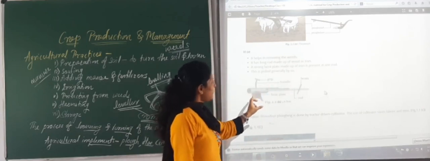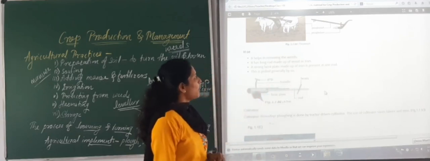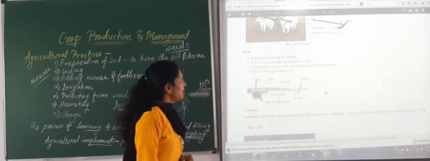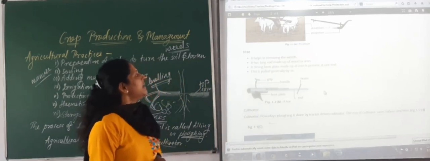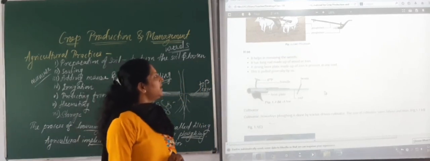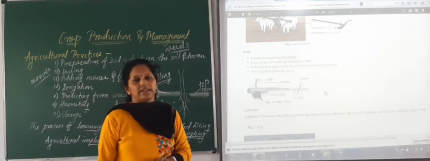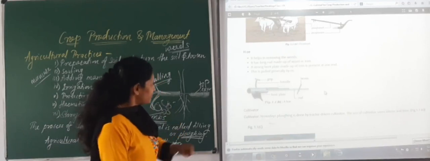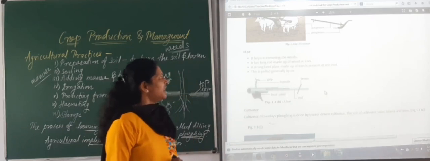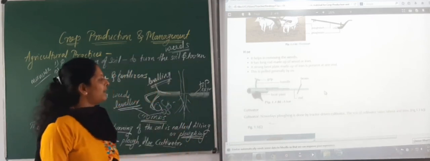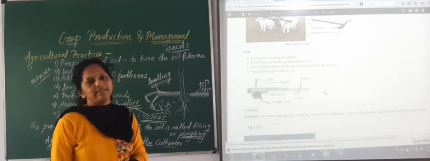With the help of that strong iron plate, it removes the weeds, and it can also be used for loosening the soil. It is generally pulled by the ox. Using animals, the pulling takes place. So that is the hoe.